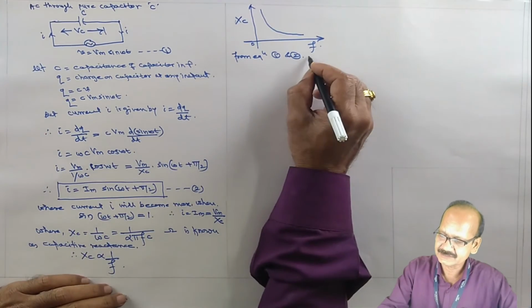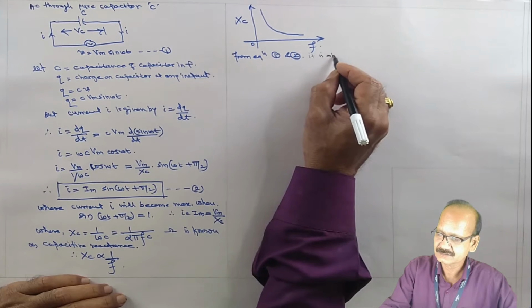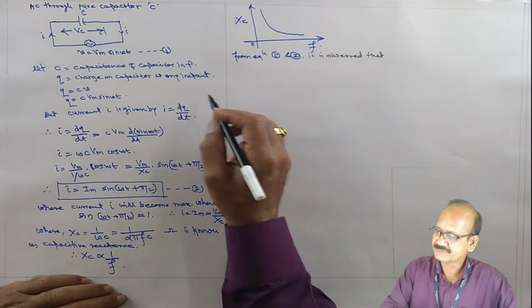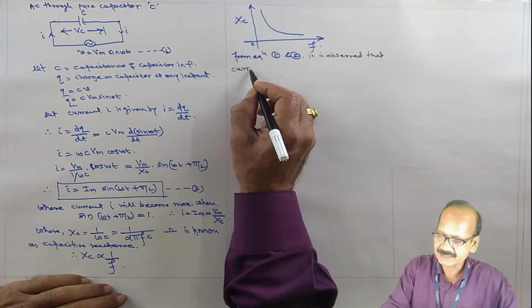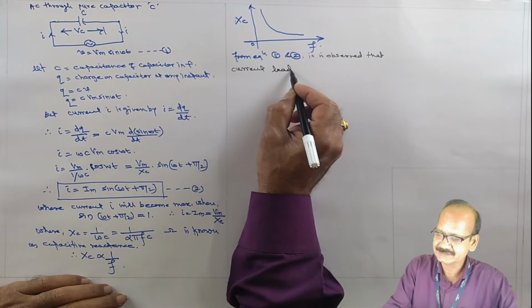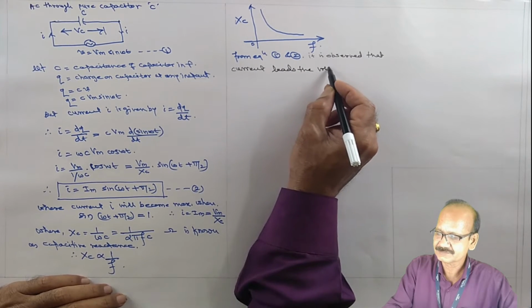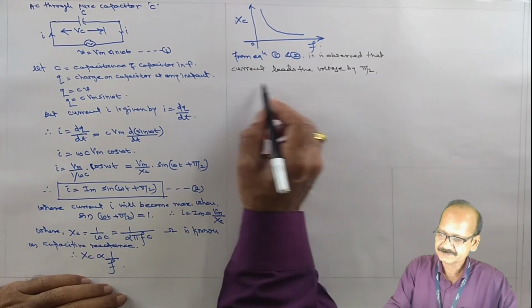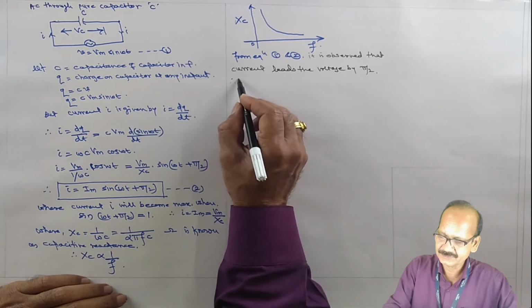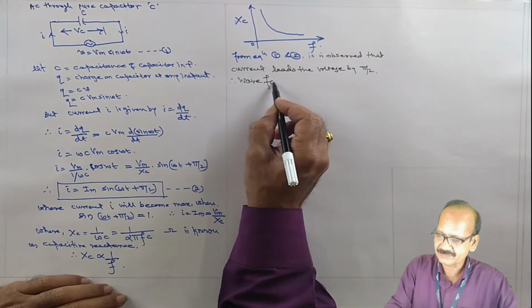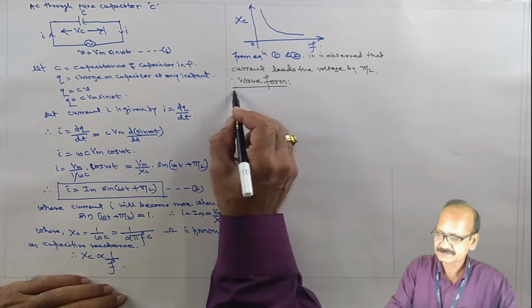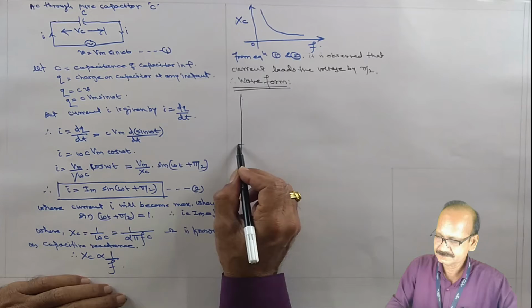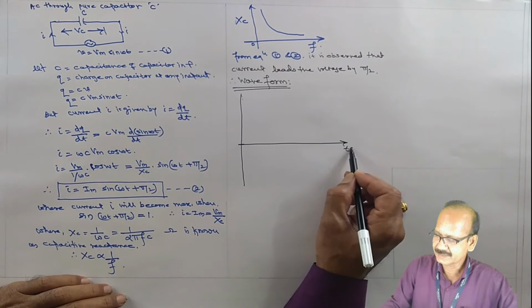It is observed that current leads the voltage by pi by 2. Therefore, say the waveform, with omega t or theta on the axis.